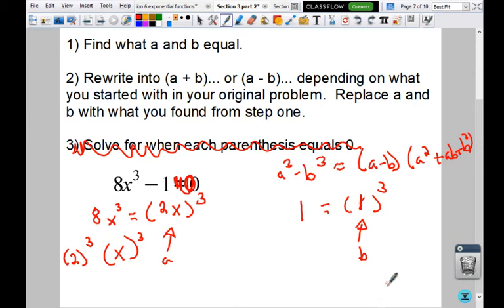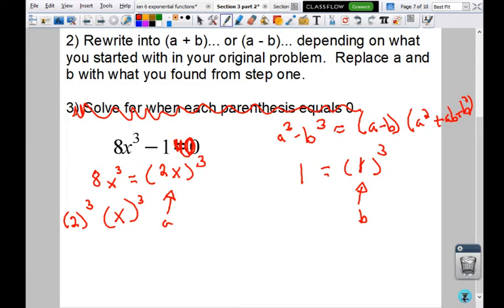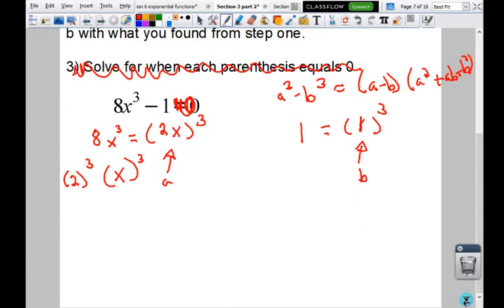I can't just look up like you guys can, because I'm using my flip charts here, they're kind of annoying. Alright, so this is going to equal a to the third minus b to the third equals a minus b, and then parentheses, a squared plus ab plus b squared. So just like last time, everywhere I see an a, I'm going to replace it with 2x. Everywhere I see a b, I'm going to replace it with 1.